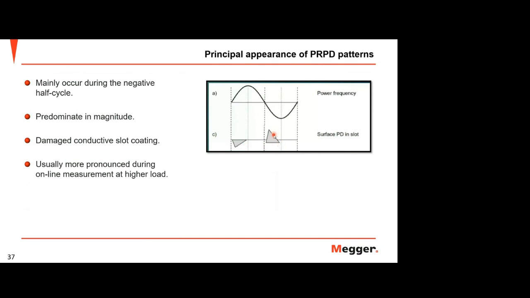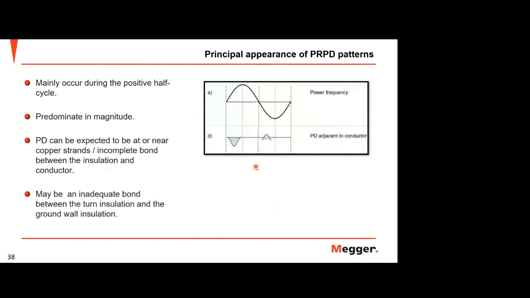But the predominant magnitude here is mainly occurring during the negative half cycle. This can be damaged conductive slot coating, and it is usually more pronounced during online measurement at higher load. So higher load can affect this PD type. This is why sometimes you cannot detect it when you do offline testing for this type of PD.